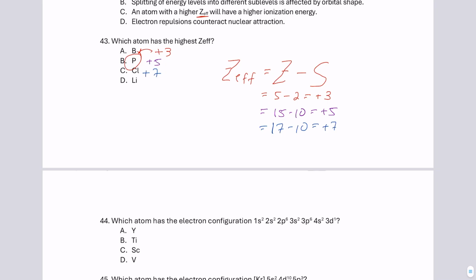Finally, we can plug it in to get the effective nuclear charge. For lithium, the atomic number is 3. The number of core electrons is 2. 3 minus 2 is plus 1. The element with the highest effective nuclear charge is going to be chlorine with a plus 7 value.